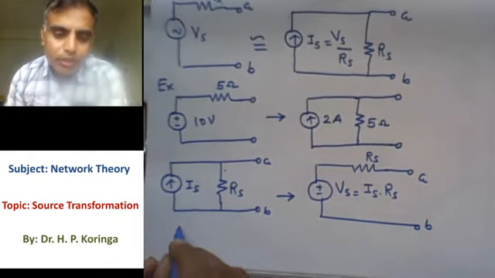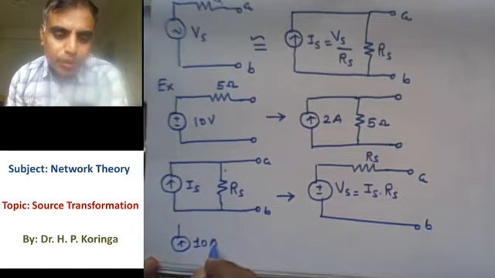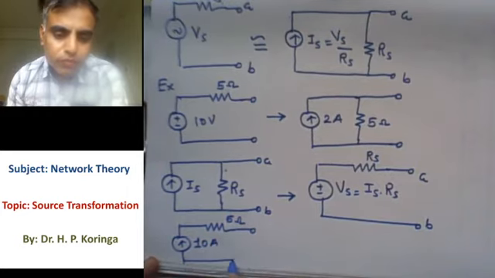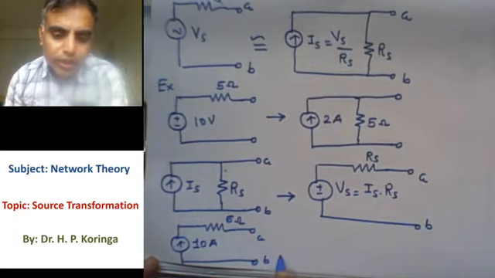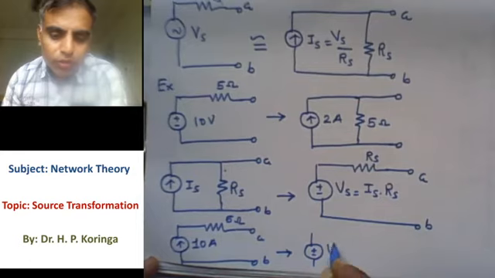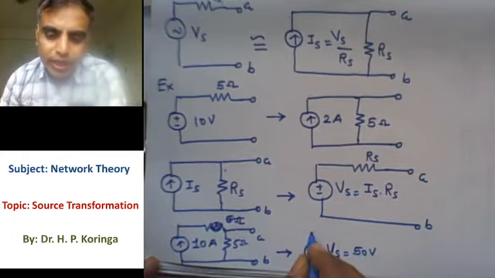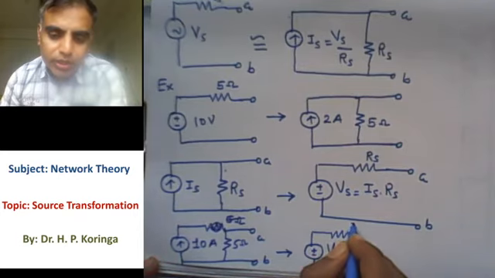Let's take an example. Suppose the current source here is a 10 ampere current source and the resistance is 5 ohm. It can be converted to a voltage source. The value of the voltage source is 10 multiplied by 5, so the voltage source value is 50 volt, and the same value of resistance, this parallel 5 ohm, we have to connect in series.